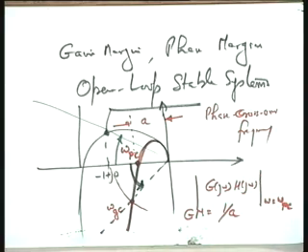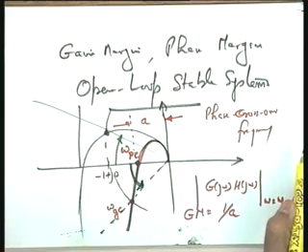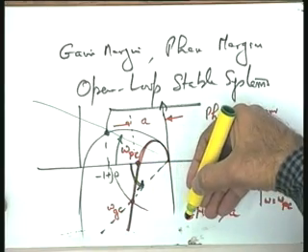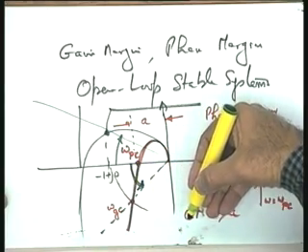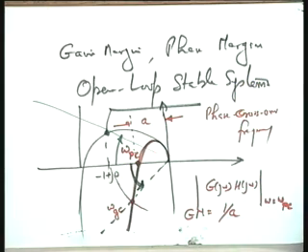So, keeping this convention that the angle will always be measured with respect to the minus 180 degrees axis, positive if I go in the counterclockwise direction and negative if I go in the clockwise direction, I can say that a positive phase margin is an indication of a stable system, and a negative phase margin is an indication of an unstable system.